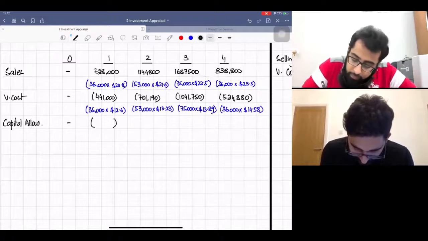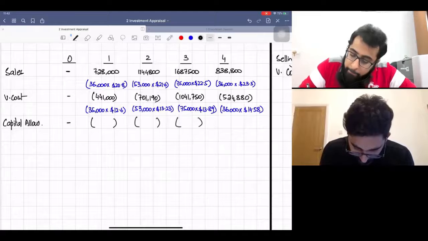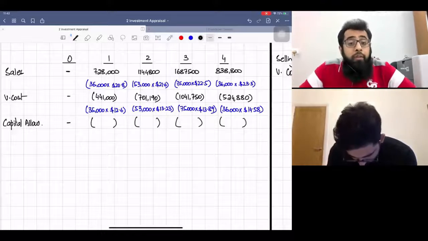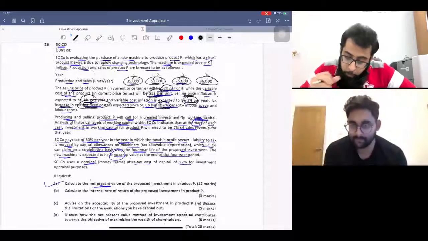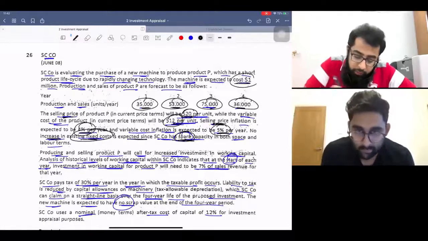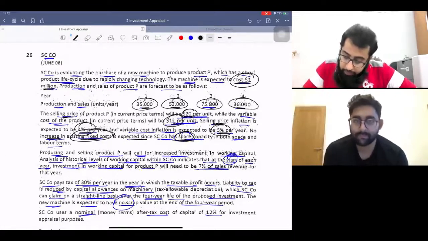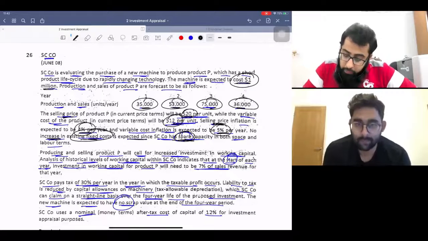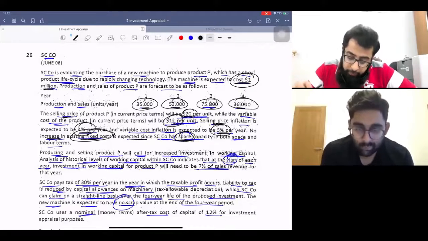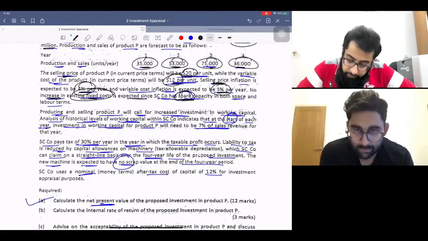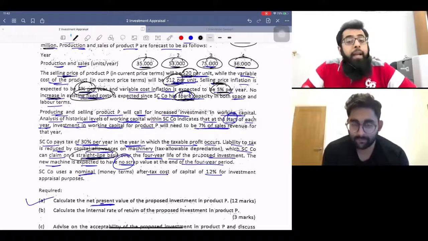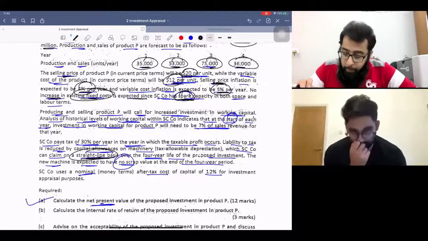Okay. So there is no scrap value in the question. $1 million is the cost of investment, and the capital allowances will be claimed on straight line basis. Yes, here it is, straight line basis, and there are 4 years.